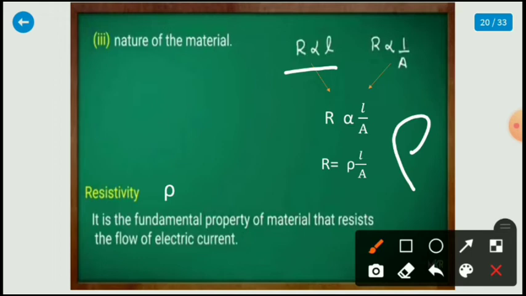So what is this resistivity? It is the fundamental property of a material that resists the flow of electric current.